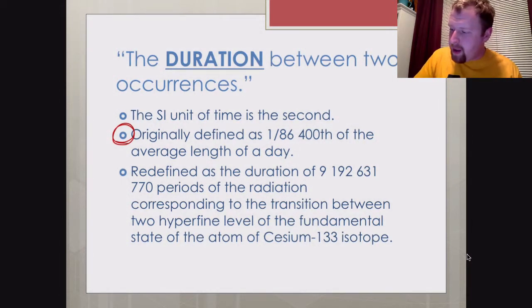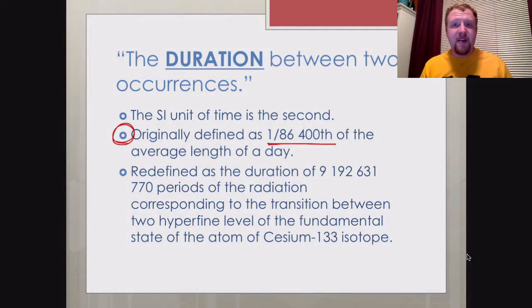This is a really big number. They divided a day up into 86,400 pieces, and they said one of those pieces is a second. However, they found out many years later that that was not the best definition, because the days are not all equal, for one, and every so many years we have to adjust our clocks and calendars, like on leap year, to make it all work.